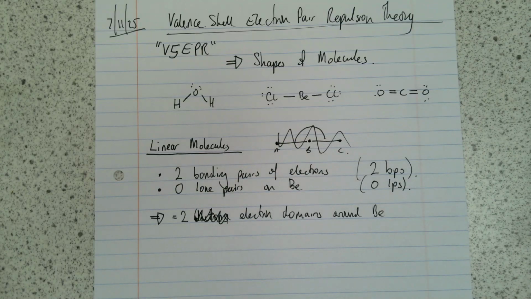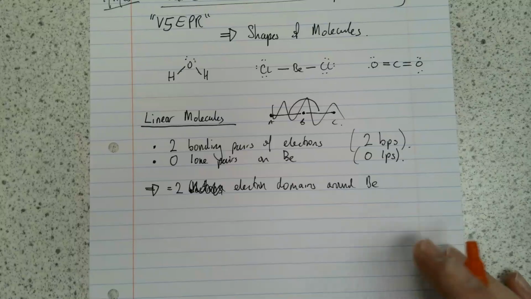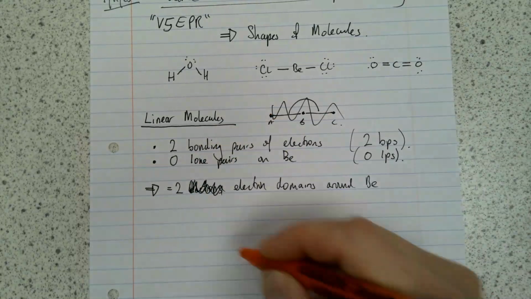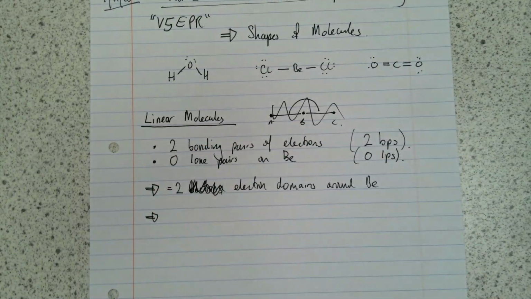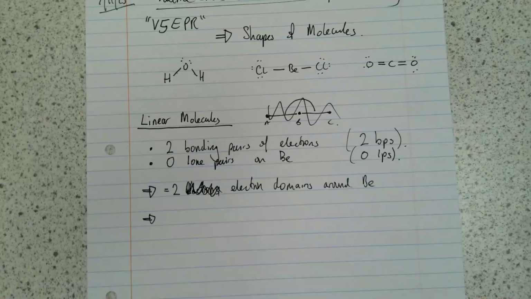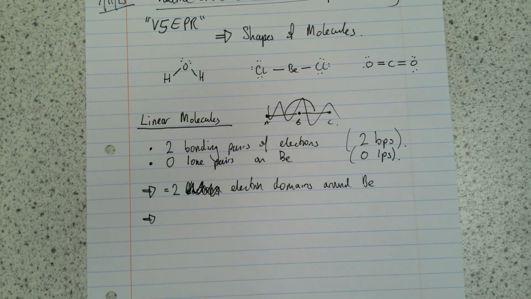Right, just for a moment, I'm going to pause the video and do some acting. So, 2 electron domains about beryllium, best shown with balloons, but I did it with arms to show that those electron domains want to get as far away from each other as they can.